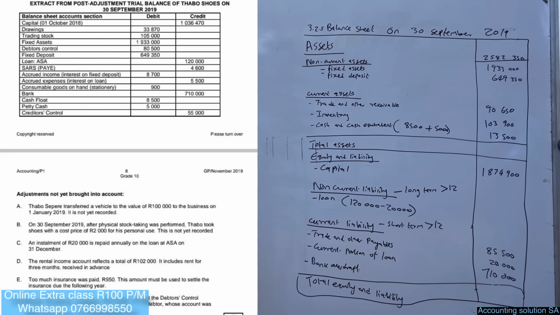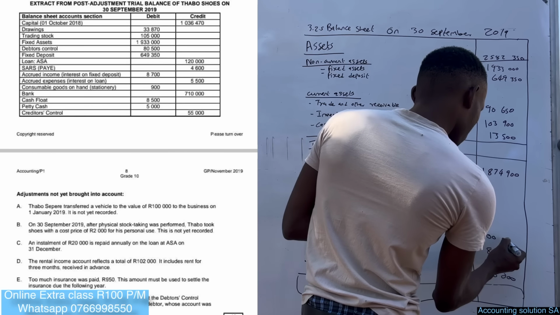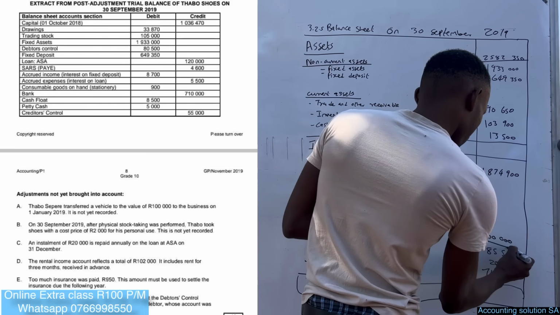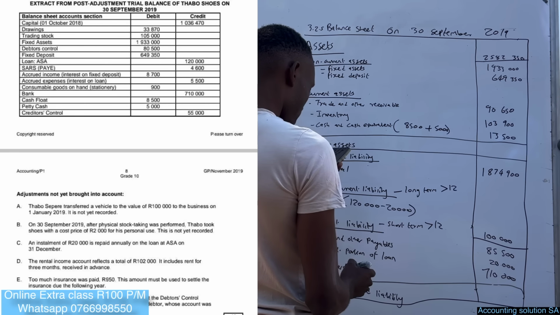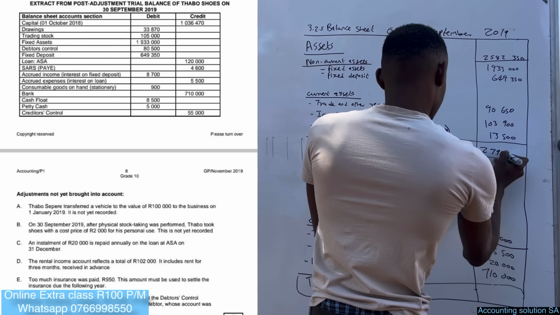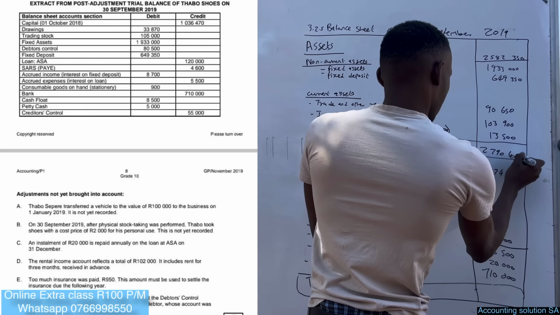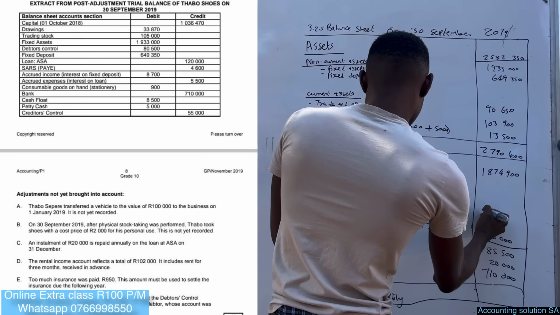Okay, now let's check which one we left with. Capital we did, loan we did everything. Then current liability amount is going to give us amount of 100,000. Okay, a total asset is going to give us 2,790,400, and the other one, current liability, this one.